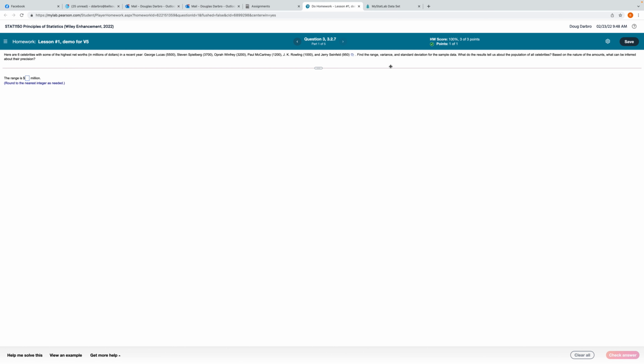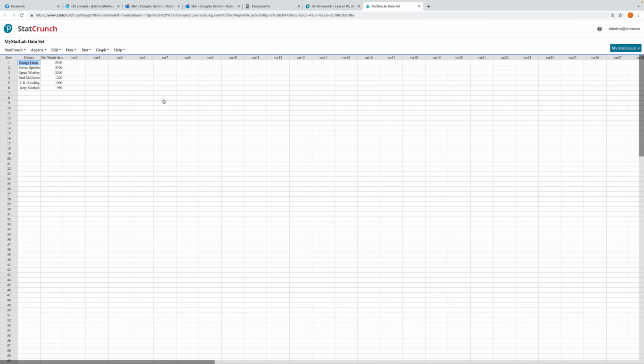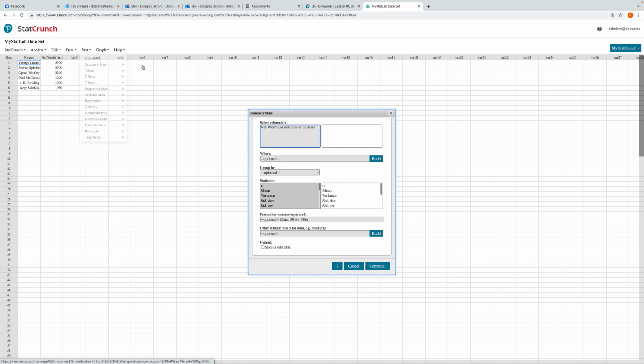Specifically, the problem asks us to find the range, the variance, and the standard deviation. So let's grab the data and open it in StatCrunch. The process is pretty straightforward now. Go to Summary Stats, go to Column, select the variable, and select the measurements of interest.